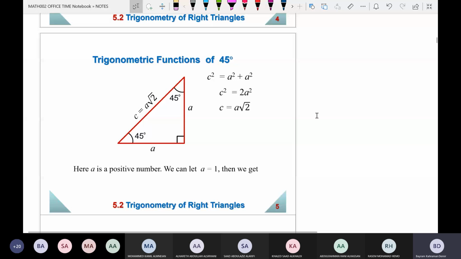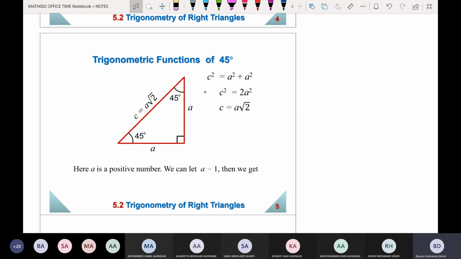To understand the ratios of the 45 degree, everybody, we just need to borrow some rules from geometry. Geometry says if you have a right triangle with two sides equal, like A and A, then the two acute angles will be the same, because two sides are equal.